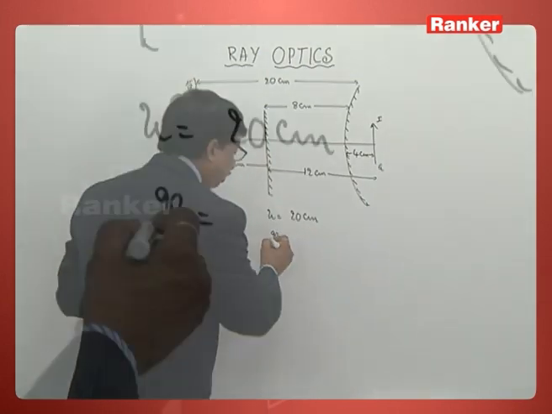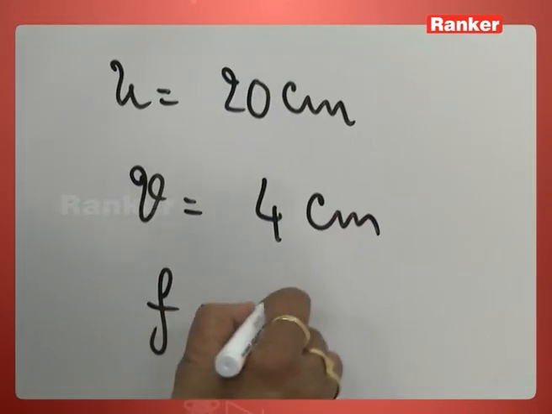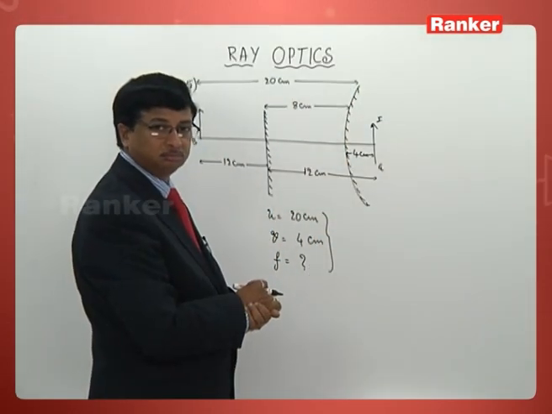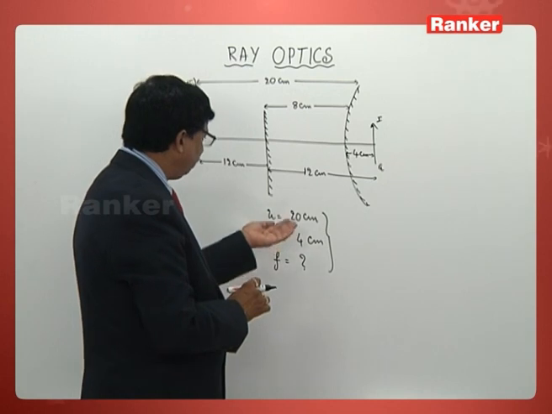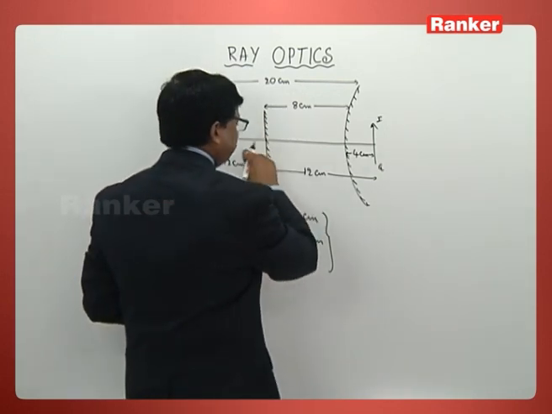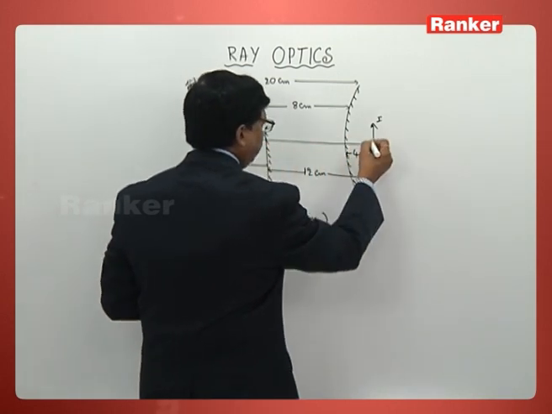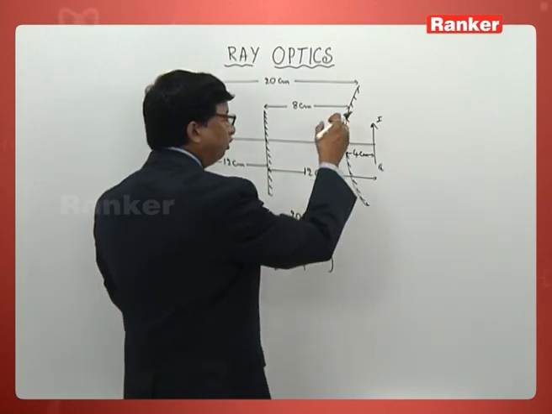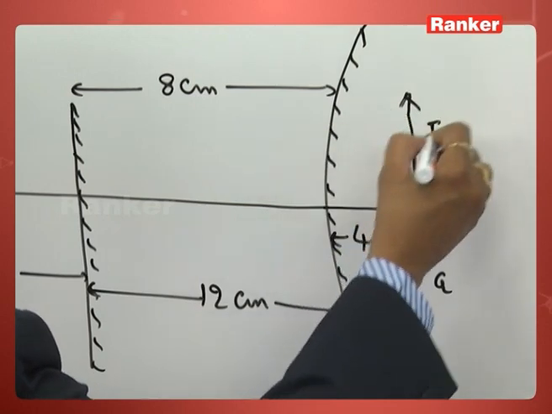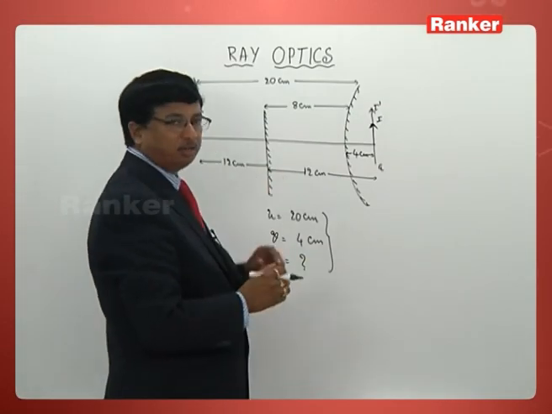So you can directly understand V must be 4 centimeter. And what is the focal length is the question. So you can now understand that the image formed by this plane mirror and the image formed by this convex mirror, both of course are in coincidence with each other. The image formed by the plane mirror will have the same size. The image formed by the convex mirror will be smaller than the size of the object. Fine.